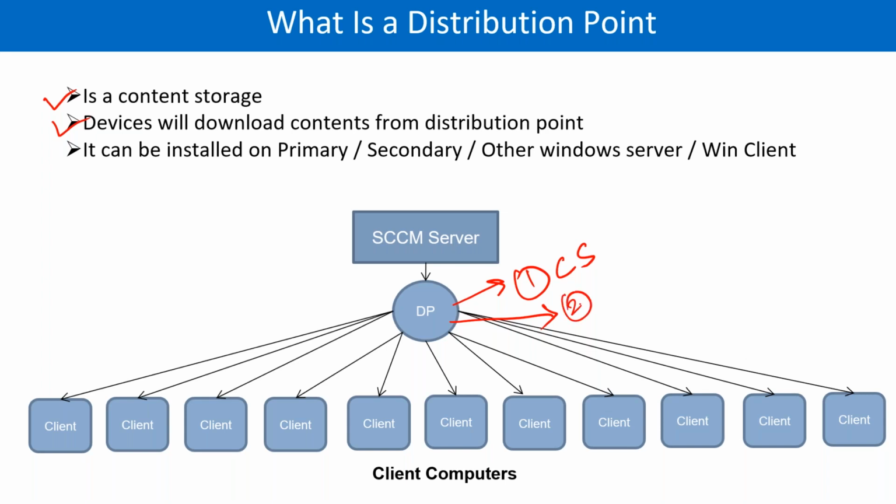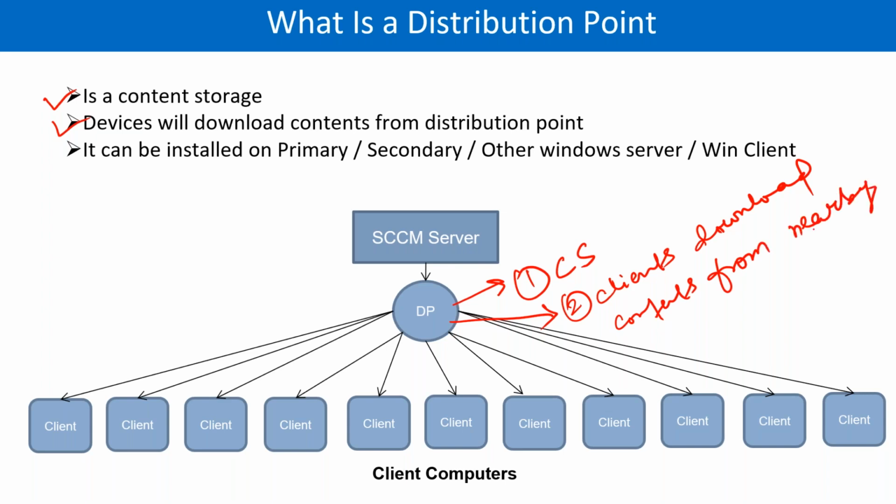So point number 2, clients download contents from the nearby distribution point. Suppose the client is in London, they will not download it from Mumbai, they will download from London. A client in Chennai will download it from Chennai DP. Okay.